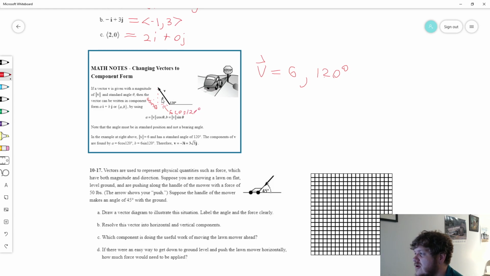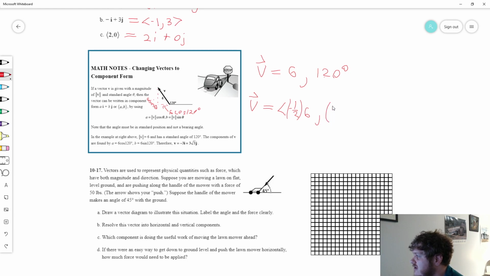Because we have the angle 120, we have our cosine, which is related to our x direction, and our sine, which is related to our y. And so when we do this, cosine of 120 would be 1/2, but it's in the second quadrant, so that would be -1/2. So we'd have our v vector equals -1/2 times the magnitude, which is 6, comma, well, in this case, this would be √3/2 for the sine of 120.